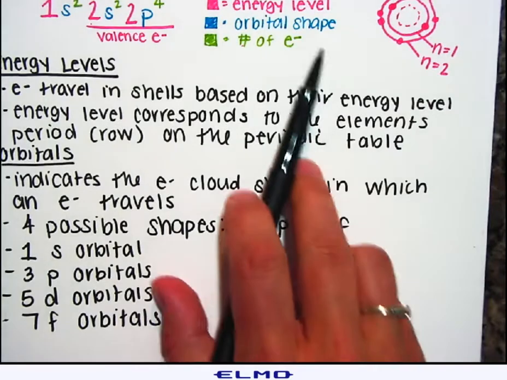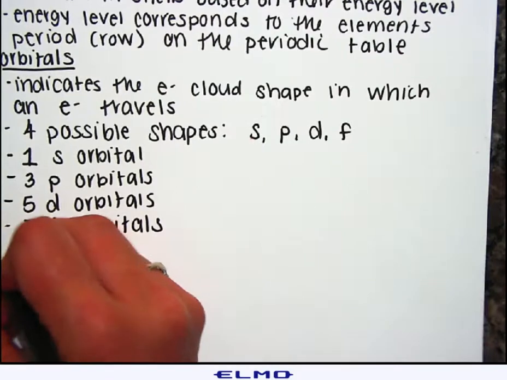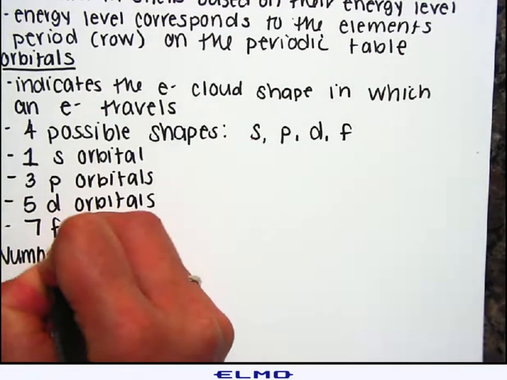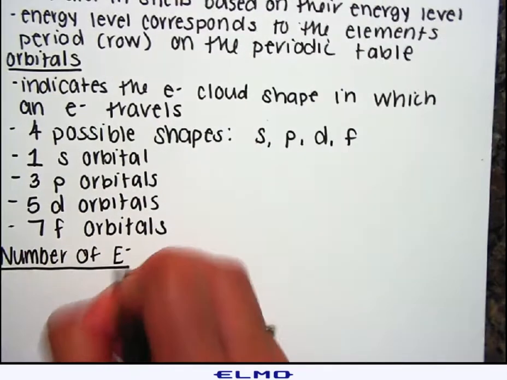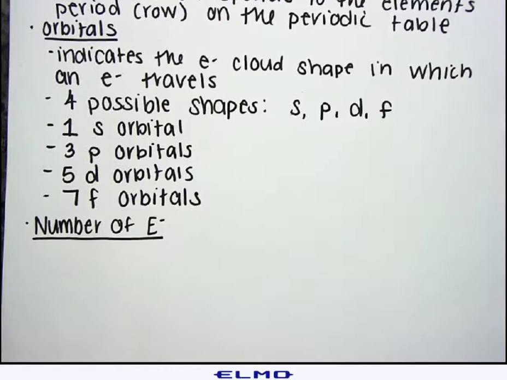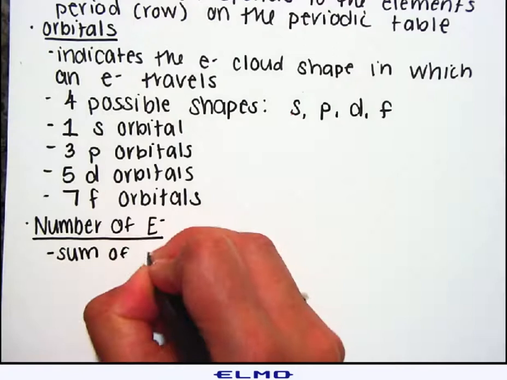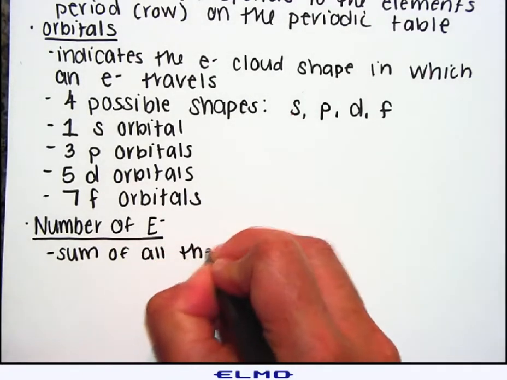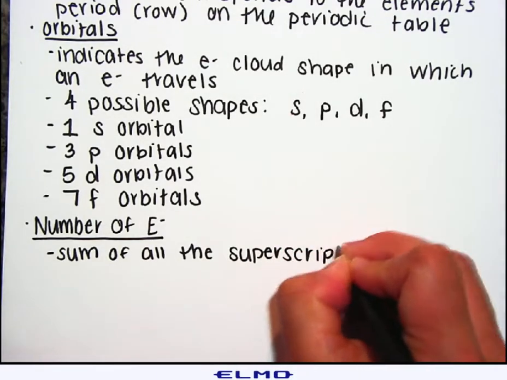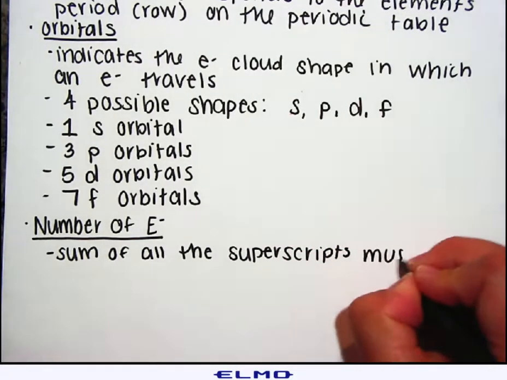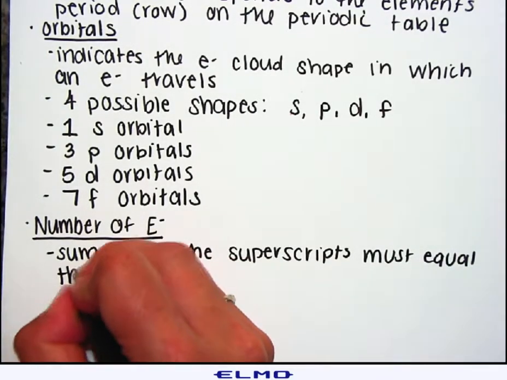Last part of our electron configuration were those green superscripts, which indicate the number of electrons. So when you are writing electron configurations, we want to make sure that the sum of all the superscripts equals the total number of electrons.